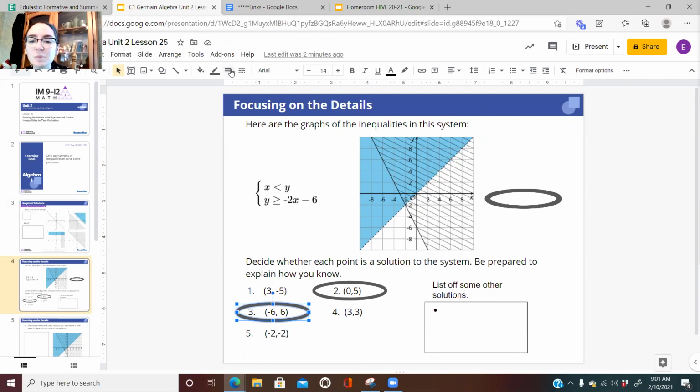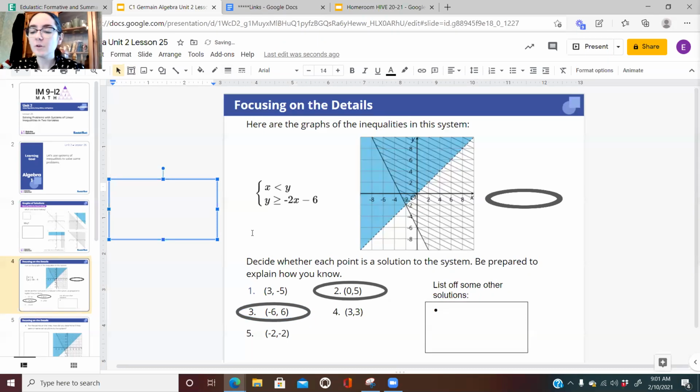Let me grab a text box here. Good. Thank you for calling that out, Gabe. Let's look at it. So we said -2. Oh, because it's not or equal to. That is the correct piece of that, Gabe. Thank you for catching that. So if we plug -2 into this first equation here, -2 is less than -2, right?